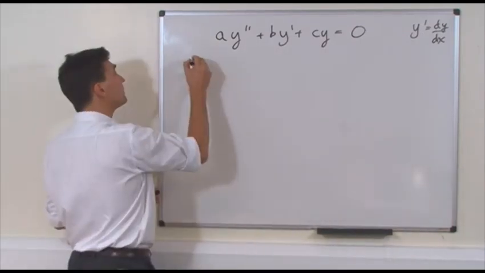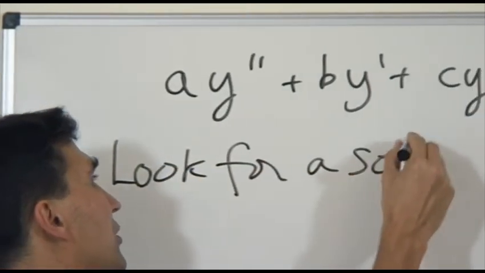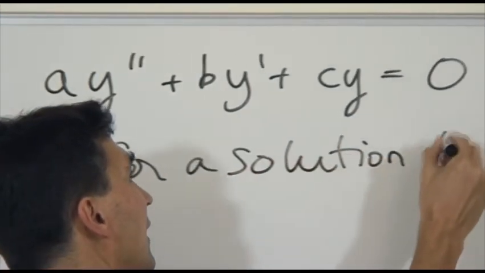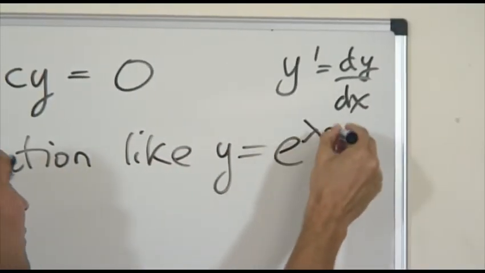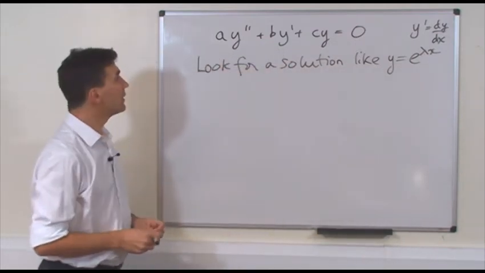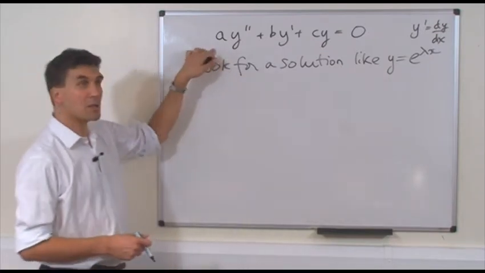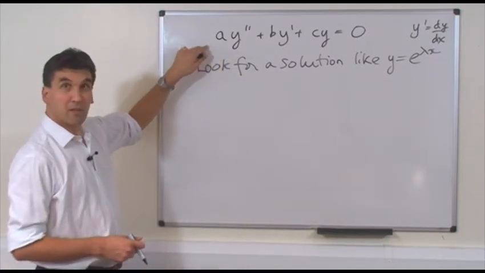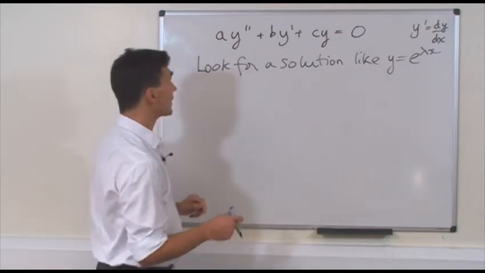So we'll look for a solution like y is e to the lambda x, where lambda is a number that at this point we don't know. So if that is going to be a solution of this differential equation up here, well, we better put it in and find the values of lambda that allow this to be a solution of that equation.